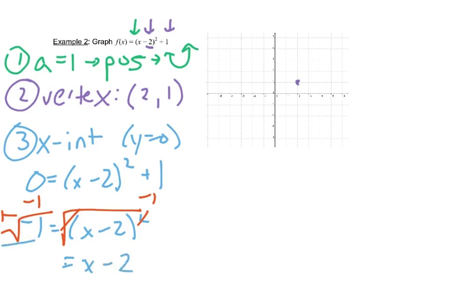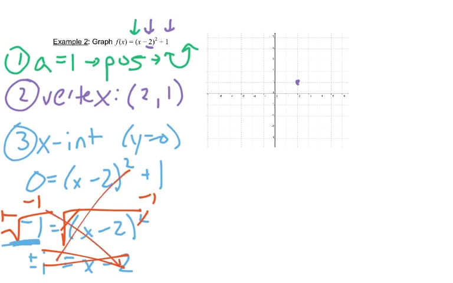Now over here, the square root of -1 is i. So we would have plus or minus i equals x minus 2. Now this doesn't work because we don't have i's on our graph. We can't graph i, so we have to cross that out.